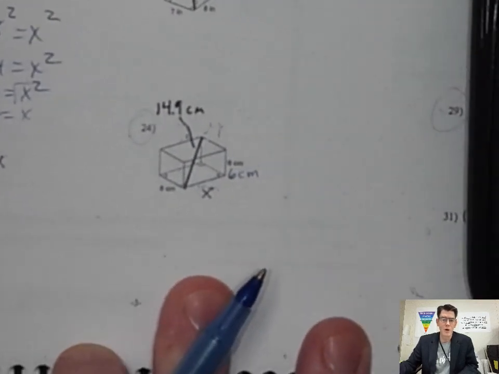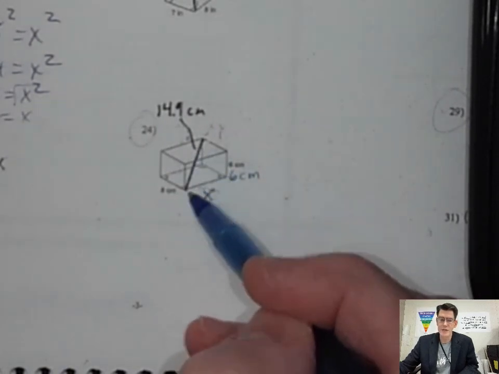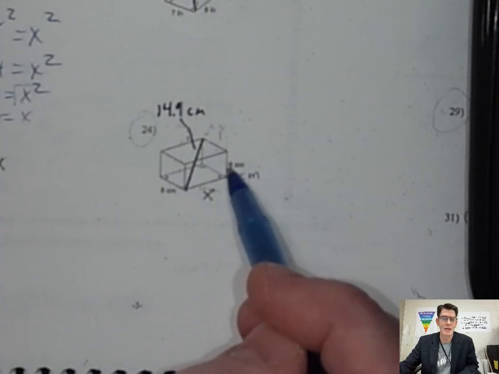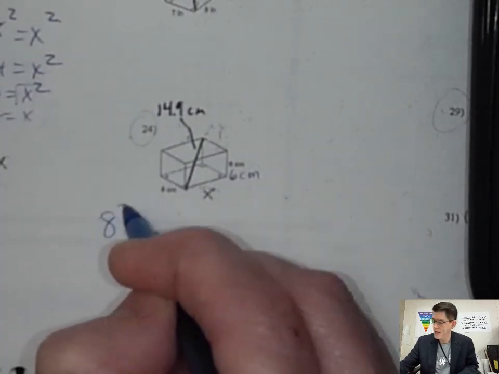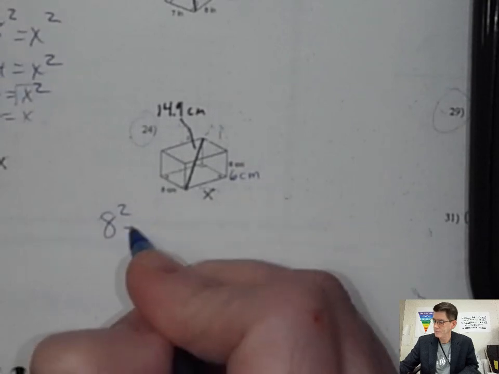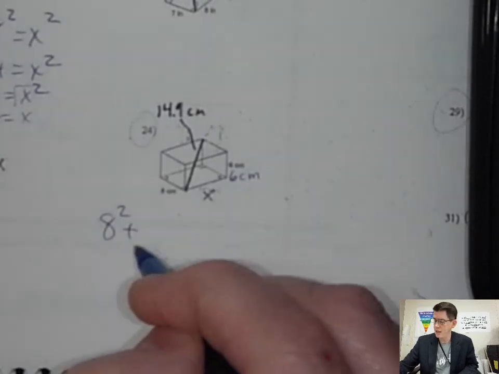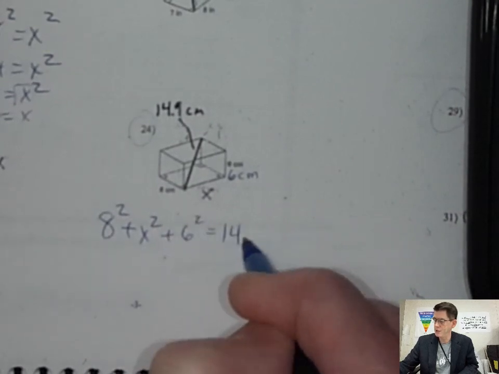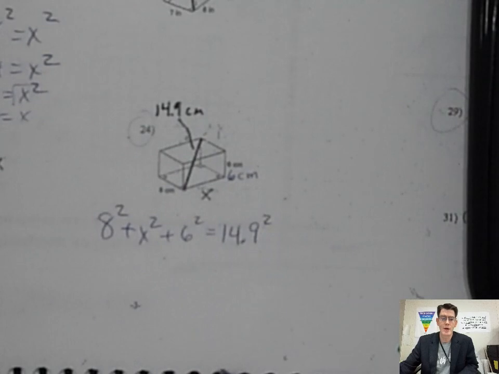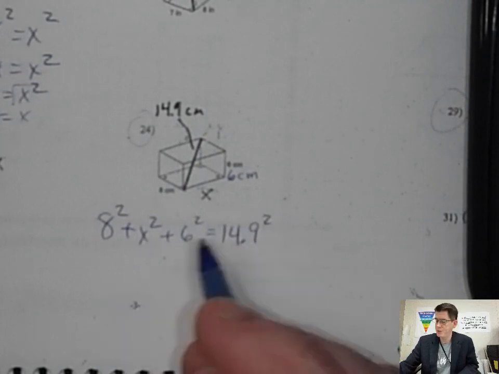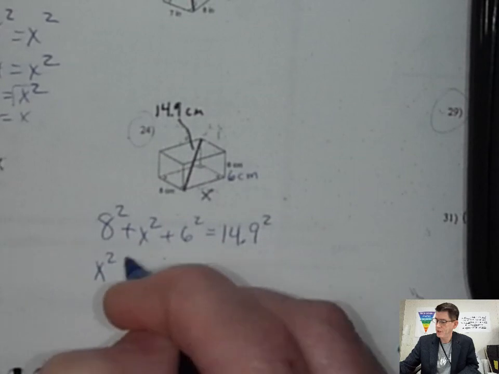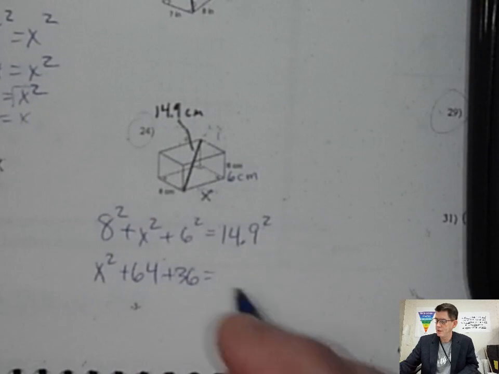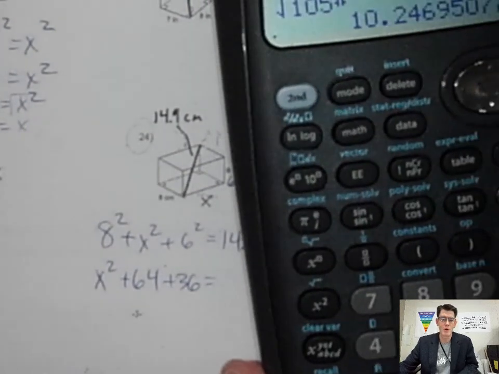A little bit tougher one on 24, because they give you the diagonal. They give you this number, and you have to find the other. I'm going to use this as 6 centimeters. I think that's a 6. So we have 8 centimeters, plus, we don't have this one, x centimeters squared plus 6 centimeters squared is 14.9 centimeters squared. Then we work through the steps. x squared plus 64, I'm just commuting those two additions, plus 36 is whatever 14.9 squared is.